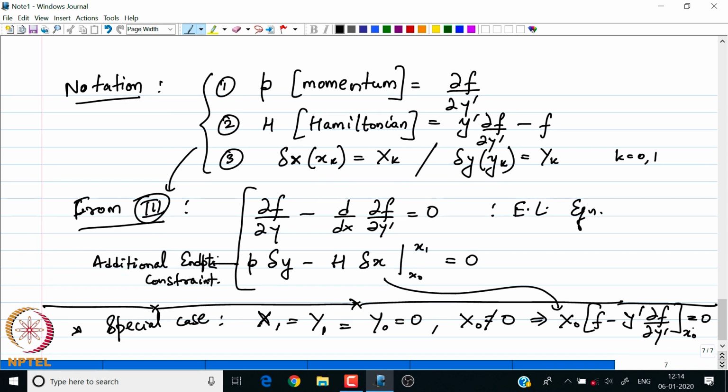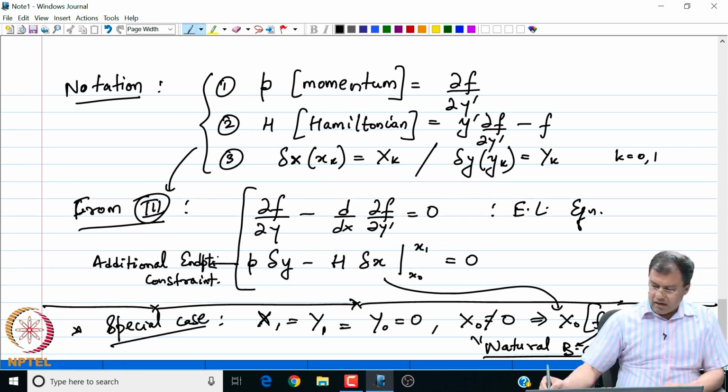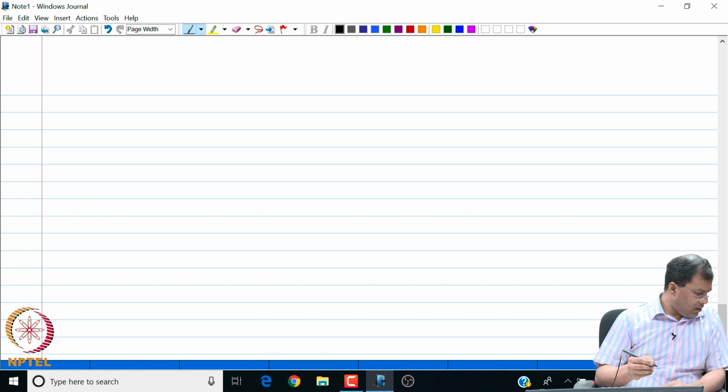So, this is the value that we set, and we see that this is nothing but our natural boundary condition if my end point at the left hand side for the x coordinate is not fixed. So, we recover our natural boundary condition in this special case. Okay. So, let me now discuss this general case a little bit more.